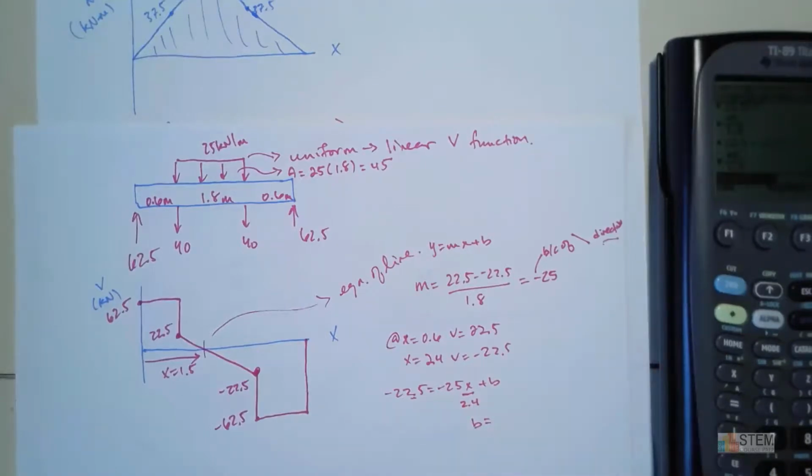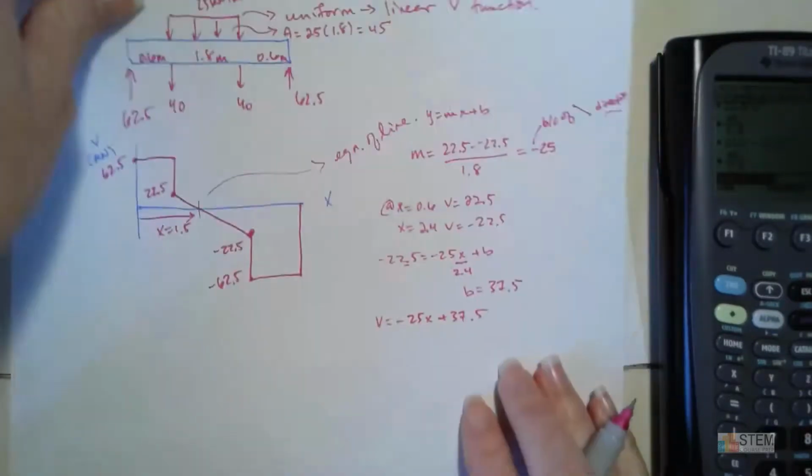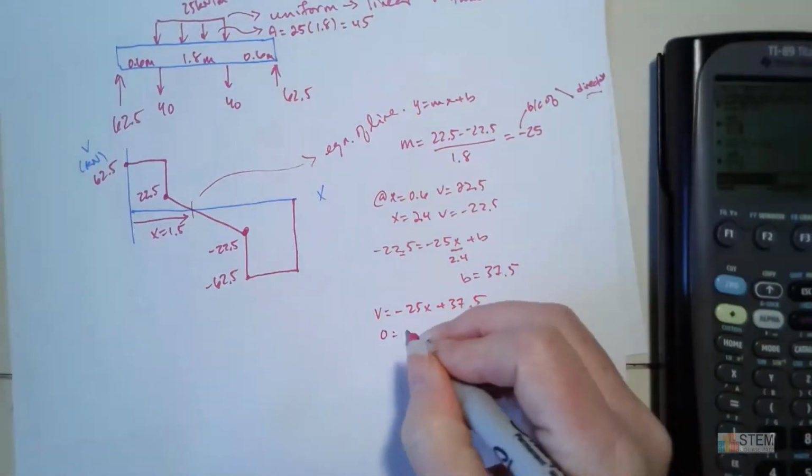So b, if you were to solve that, will be 37.5. That gives you your expression for V as negative 25x plus 37.5. You could take that equation, set it equal to 0, and solve for x.